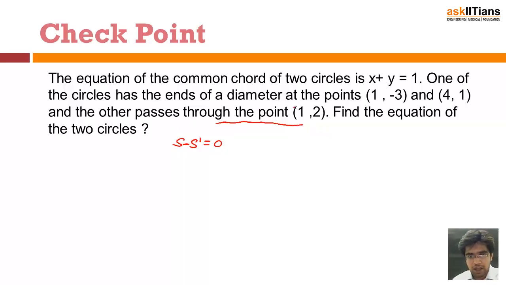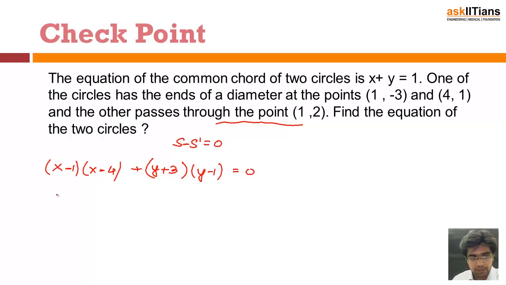Okay, so this is the diameter form. This is the diametric-point equation of a circle. So let's first find out this equation. The equation goes like this: (x minus 1)(x minus 4) plus (y plus 3)(y minus 1) is equal to 0.